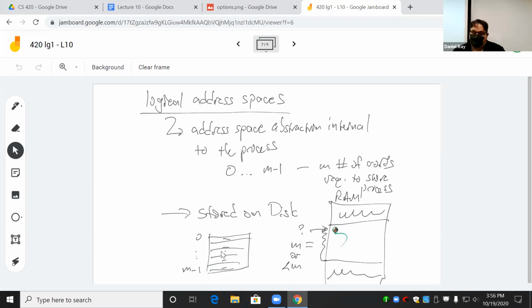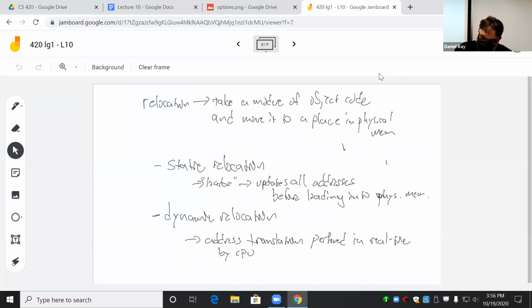Then give yourself a dedicated register, called the relocation register, where you store the offset.